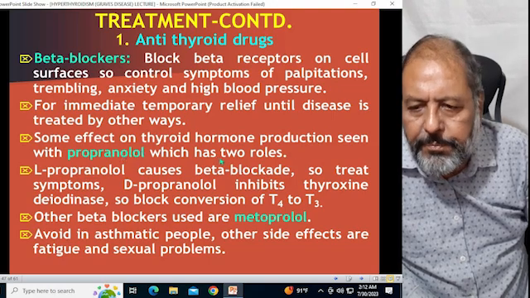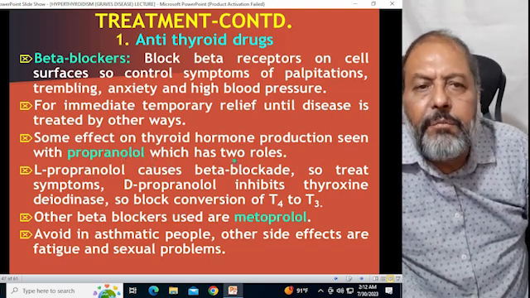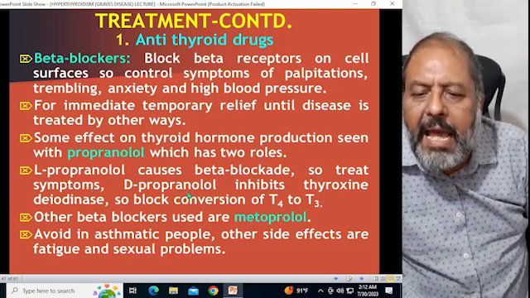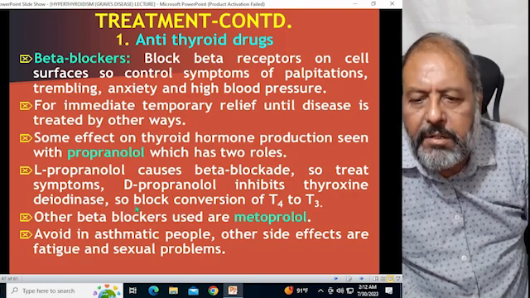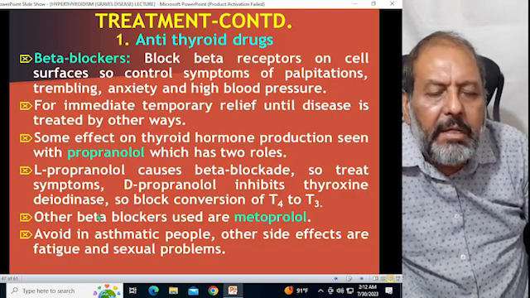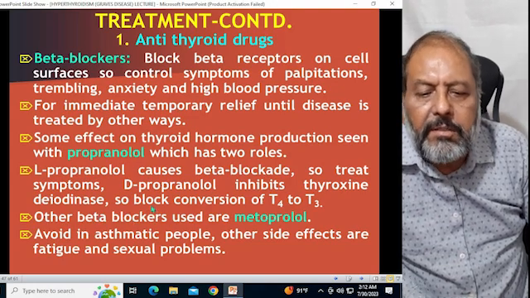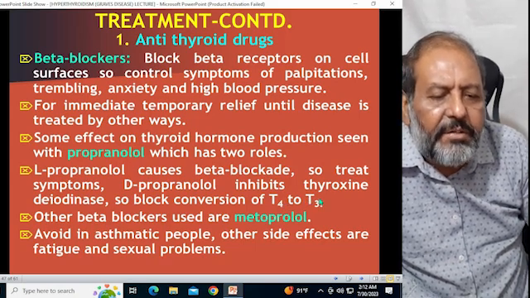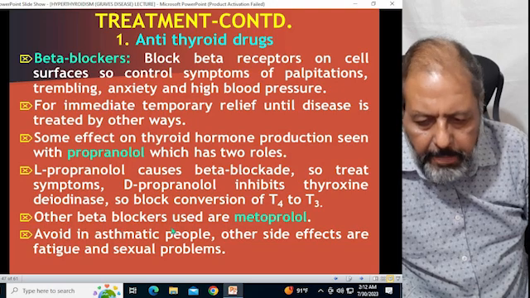Some effect on thyroid hormone production is seen with propranolol, which has two roles. L-propranolol causes beta blockade, so it treats the symptoms, but D-propranolol inhibits thyroxine deiodinase and so blocks the conversion of T4 to T3, which is the active thyroxine.